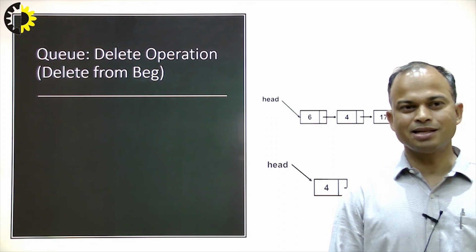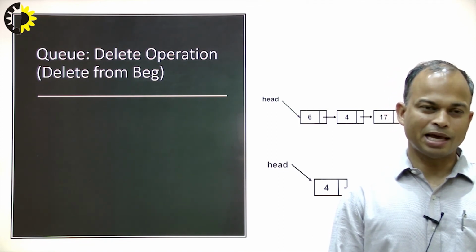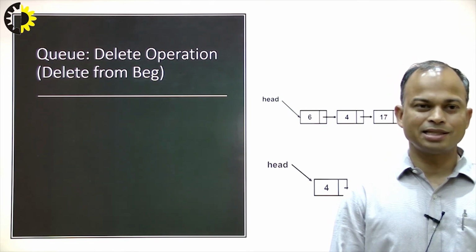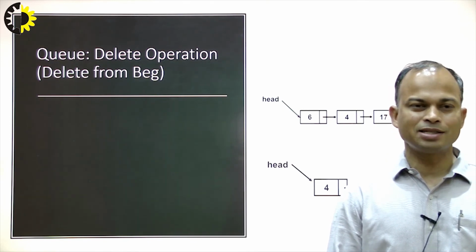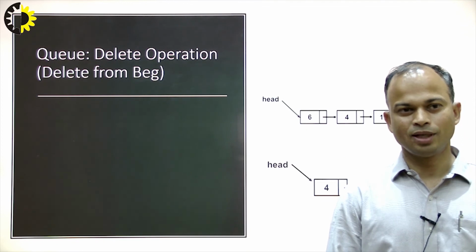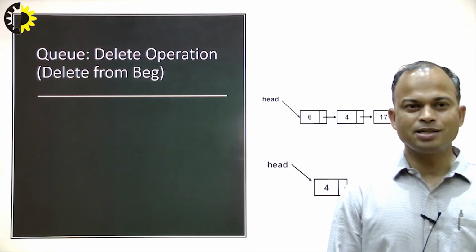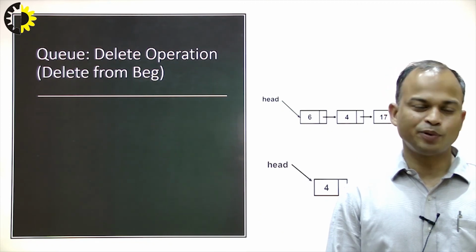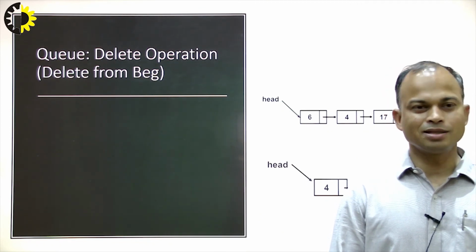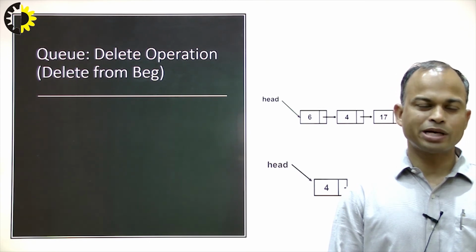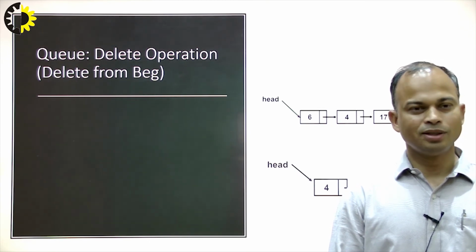If our interest is in the array implementation, then we can do that. If our interest is in the linked list implementation of any data structure, then we can do that. It totally depends upon our requirement. If our requirements are static, then we have to use the array concept. If our requirements are dynamic, then we have to use the concept of the linked list.